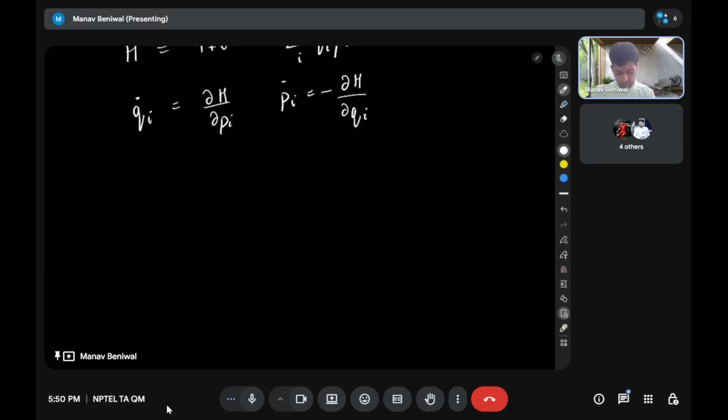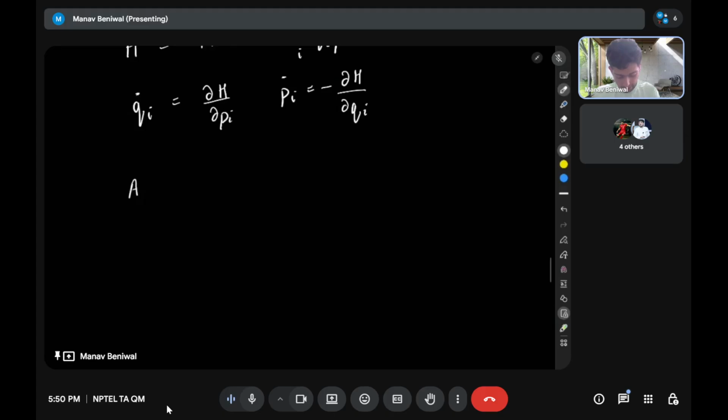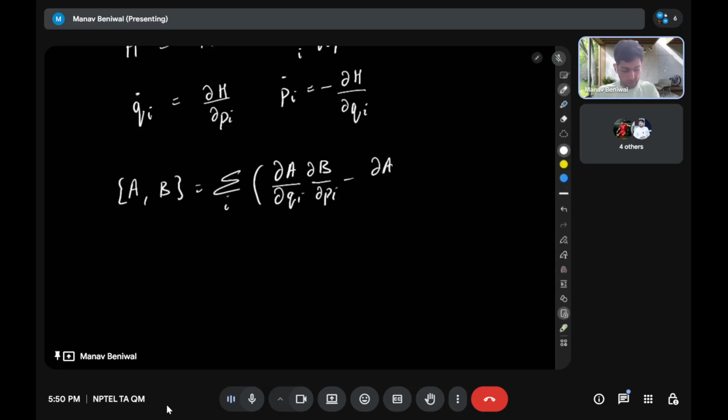We also defined that if we have two functions A and B, then their Poisson bracket is defined as the sum over i of del A by del qi times del B by del pi, minus del A by del pi times del B by del qi.